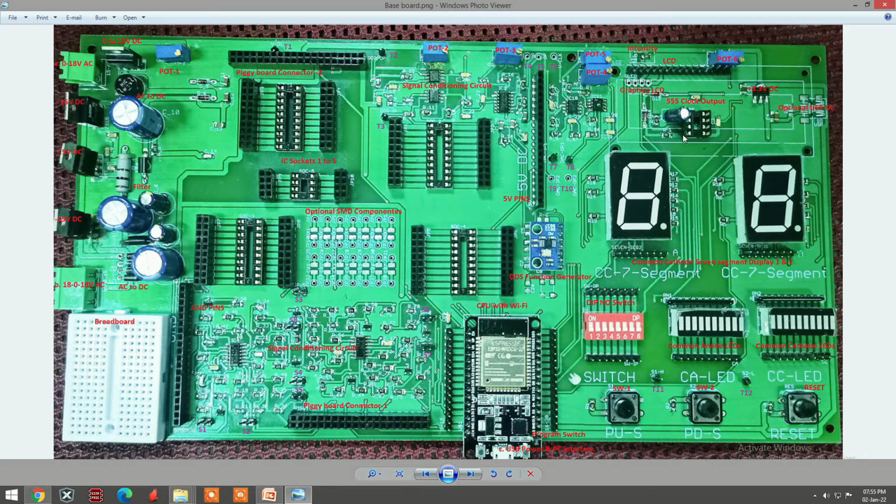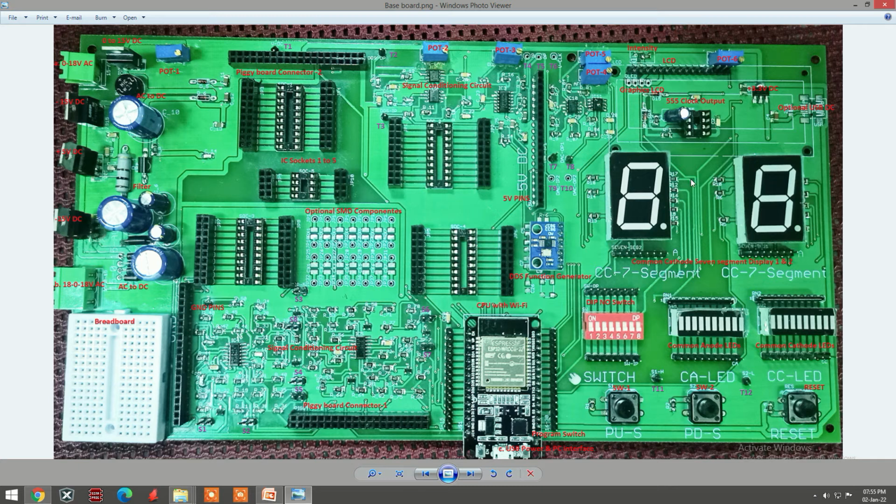The clock output is available not only on the pins, but also on these sockets, so that even the piggyback boards can make use of this clock. As you can see, V clock is available here. If a piggyback board requires a clock source, it can make use of this 555 clock, whose frequency you can adjust with this port number 6.